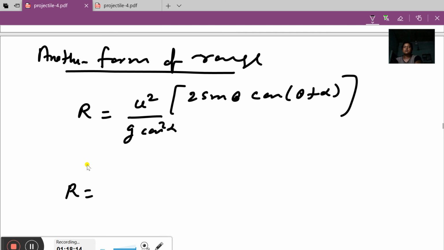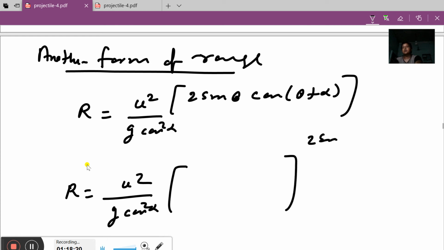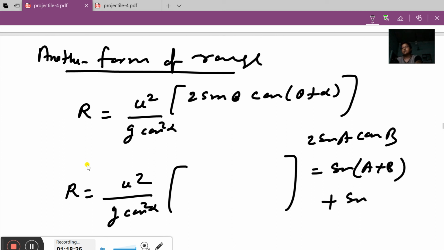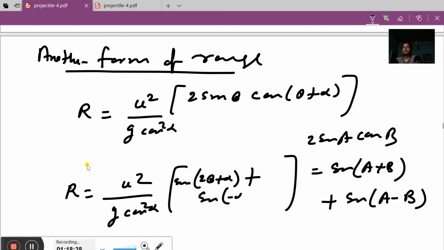So R comes out to be u square over g cos square alpha, and 2 sin A cos B is sin A plus B plus sin A minus B. Sin A plus B is 2 theta plus alpha plus sin A minus B is minus alpha.